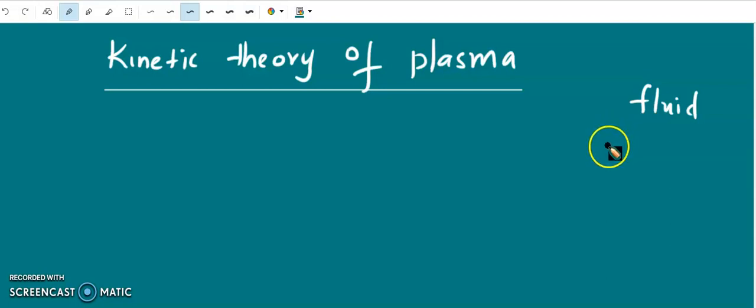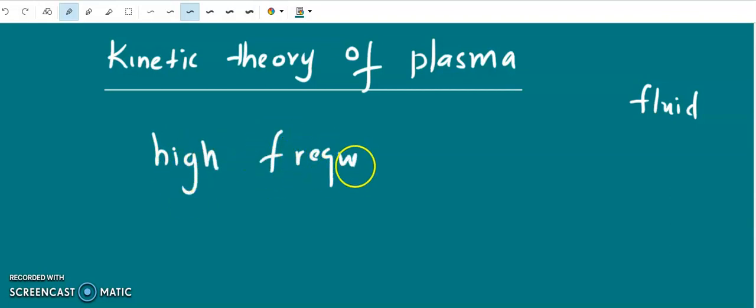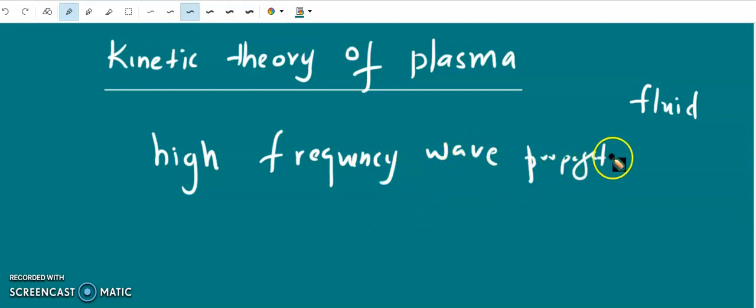And the kinetic equations are used when we consider high frequency, to describe high frequency wave propagation in plasma. Okay. And these Boltzmann and Vlasov equations are the equations of kinetic theory of plasma.